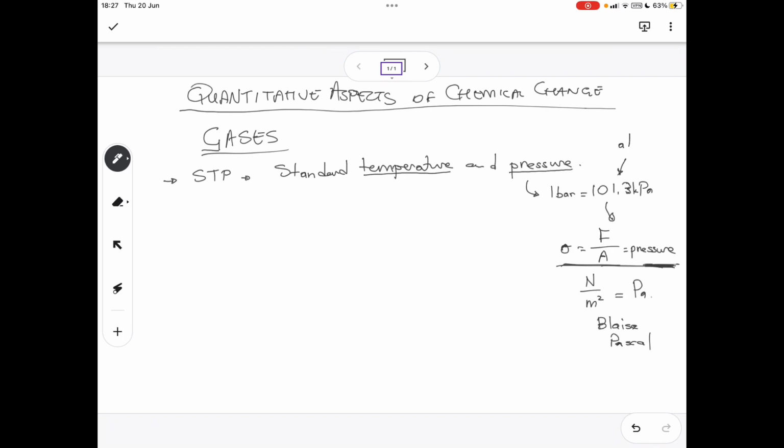But in any case, this pressure is due to the atmosphere. It's simply, if you look at a square meter of area, 1 meter by 1 meter, and you think about a column of air that's above it, anywhere on the planet, above a 1 meter by 1 meter surface area.